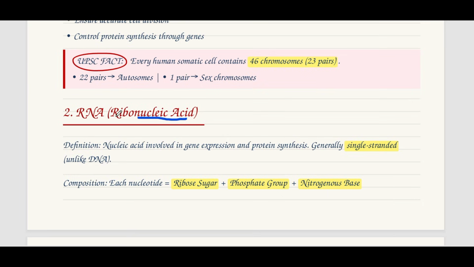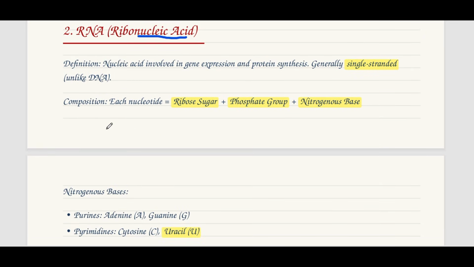Try to remember that. It is a nucleic acid involved in gene expression, meaning RNA helps in the formation of protein. It helps in gene expression and protein synthesis. Generally, it is single stranded. Just remember, it is single stranded, not like DNA.